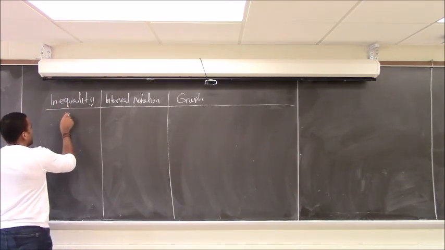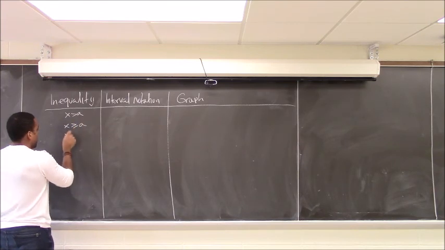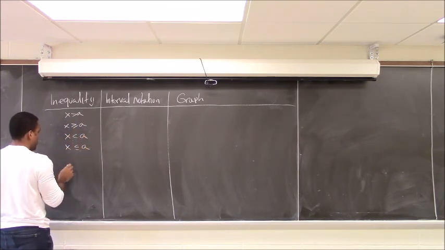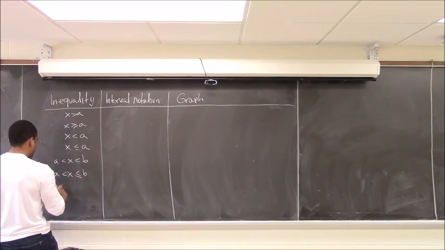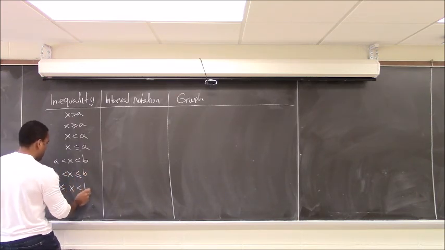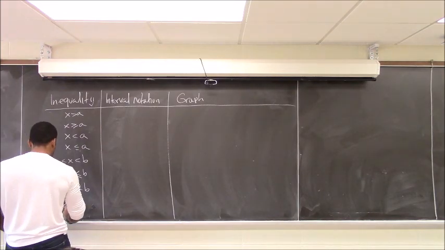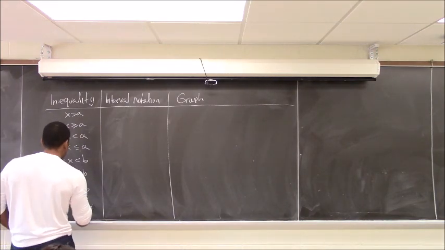We looked at x greater than a, x greater than or equal to a, x less than a, x less than or equal to a. Looked at x is strictly between a and b. x is between a and b, potentially equal to b. x is between a and b, potentially equal to a. x is between a and b, potentially equal to either of them.